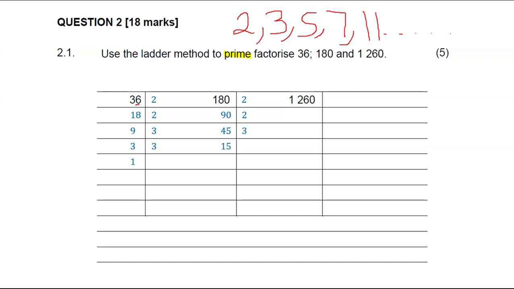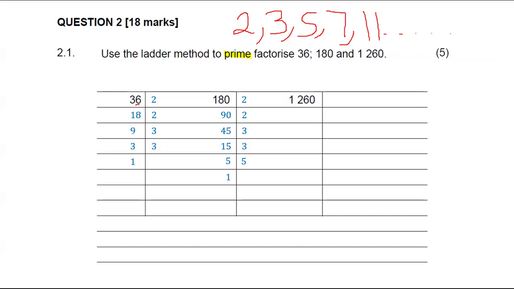No, I can still use 3. 15 divided by 3 gives you 5. Can I divide 5 by 3? No. I go to the next lowest prime, which is 5. 5 divided by 5 gives you 1. That's it.